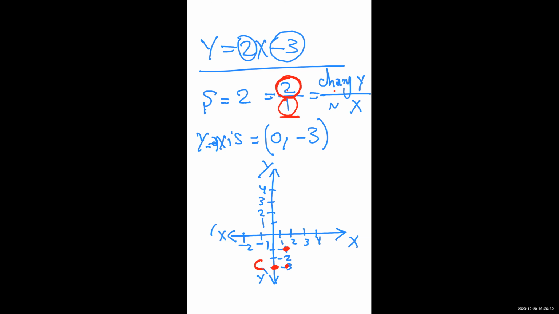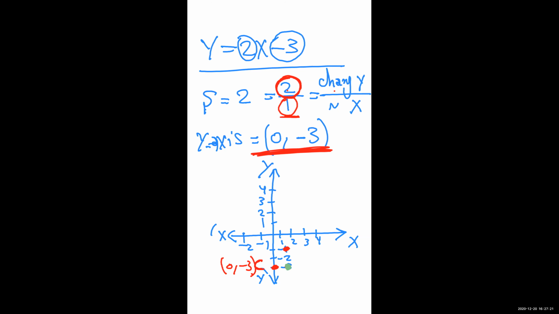I just got the point from the change. This point is 0 and -3. This point C is the intersection with the y-axis. The change was on x 1 unit, so instead of 0, it will become 1, right? I mean the green point here, 1.